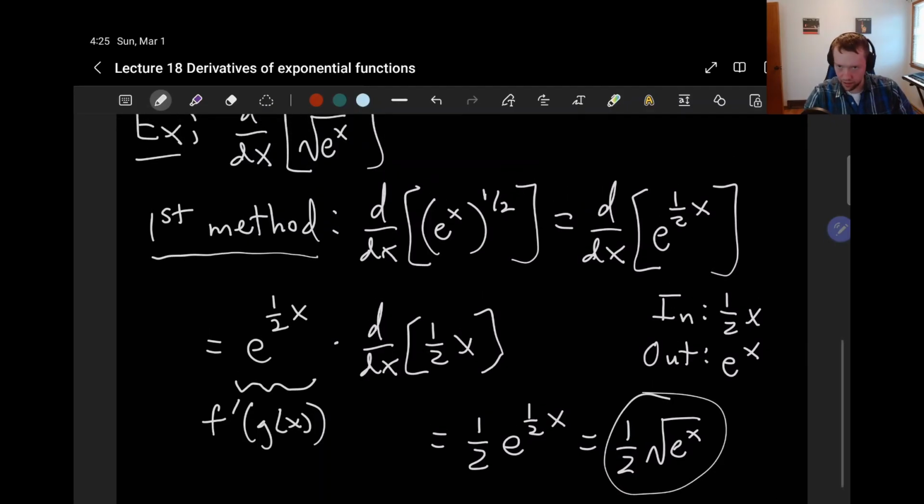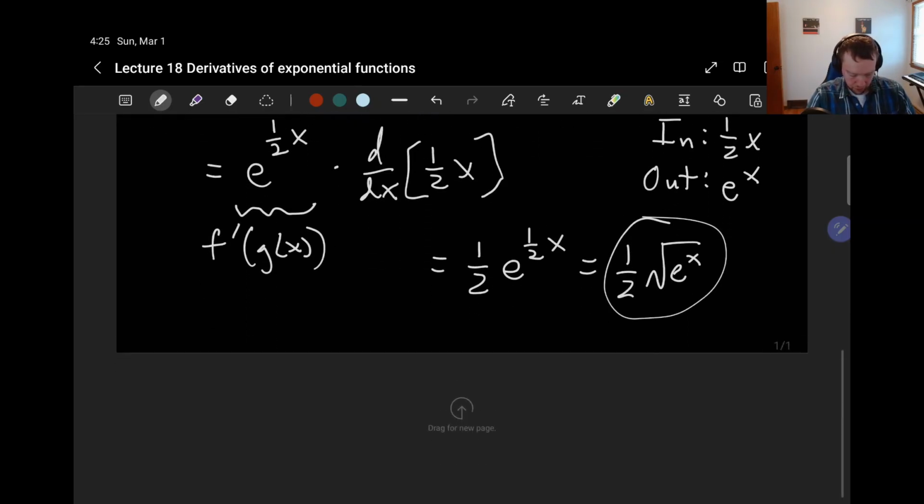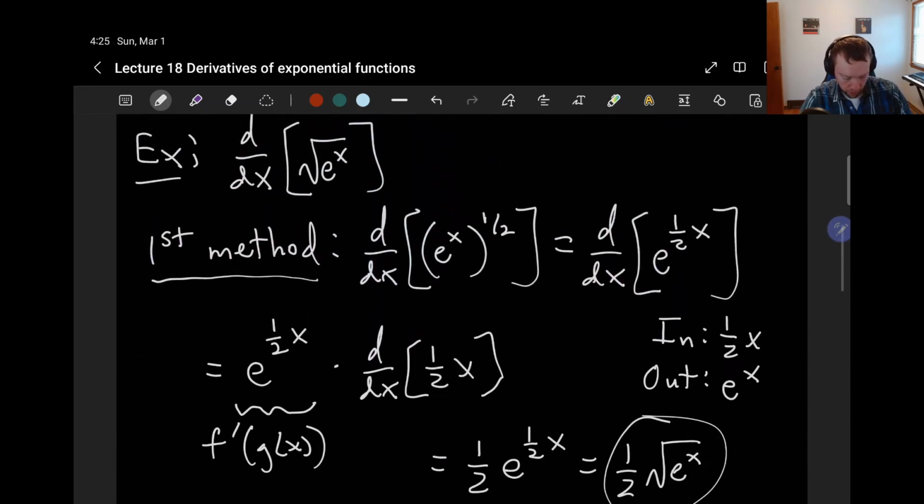So the derivative of the square root of e to the x is just 1/2 times the square root of e to the x. That's the first method, where I just rewrote the original expression using exponent rules.